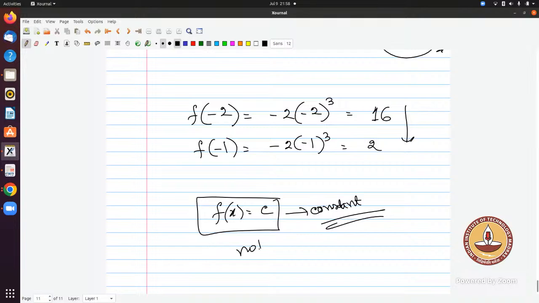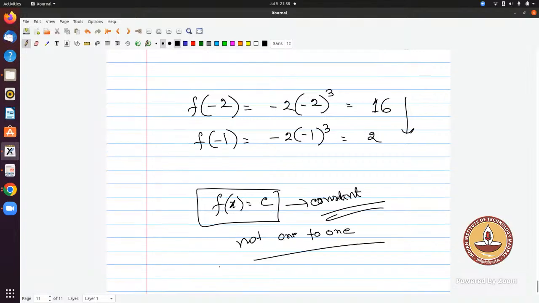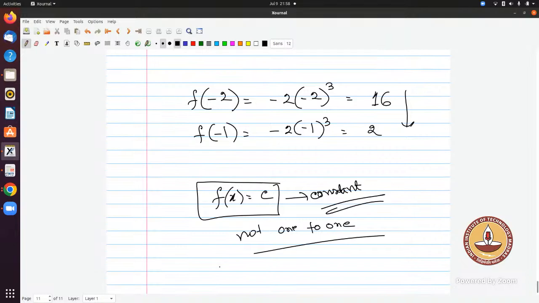So it is not one to one. Any constant function is not a one-to-one function, because whatever input you give, the output will be fixed. Thank you, sir.